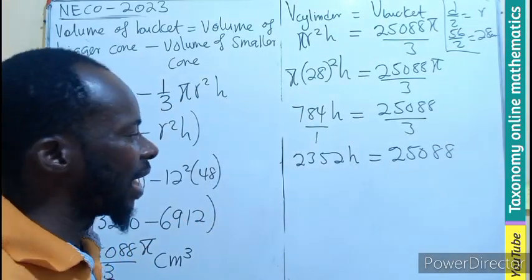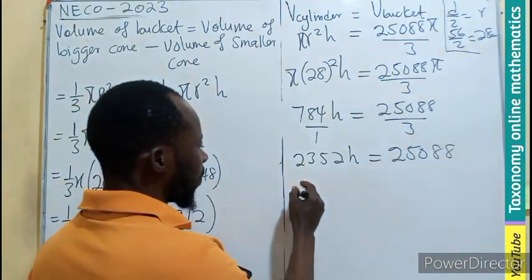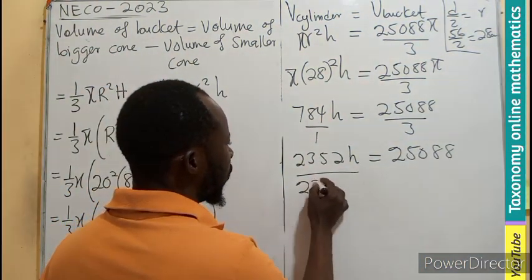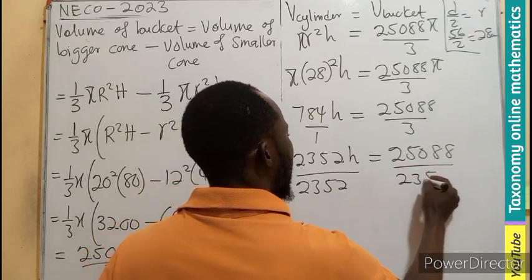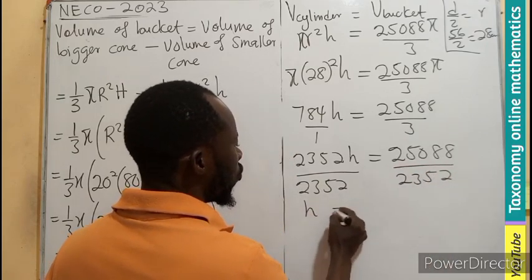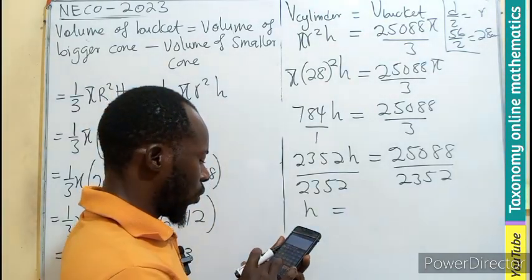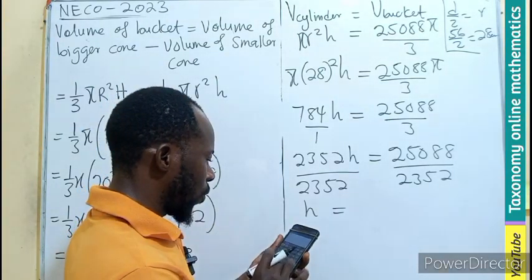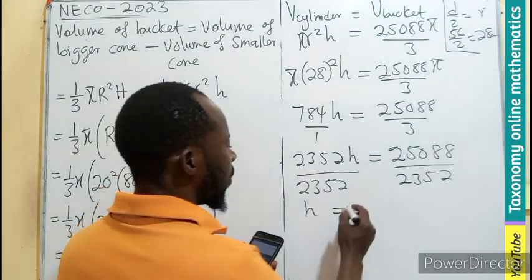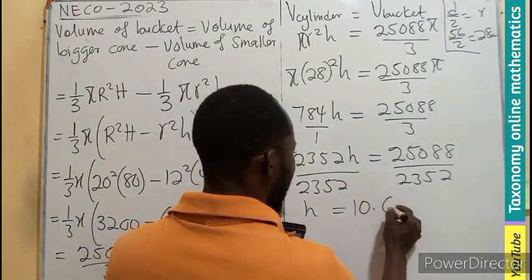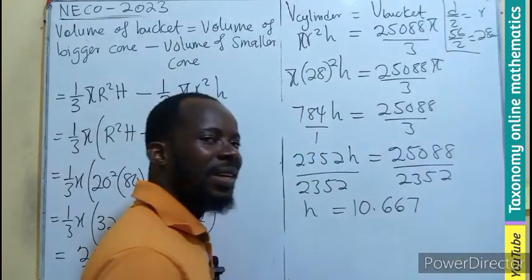So we divide by the coefficient, meaning divide this by 2352, 2352. So h will be equal to 10.667.